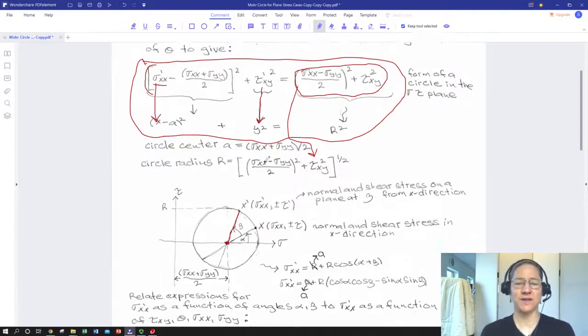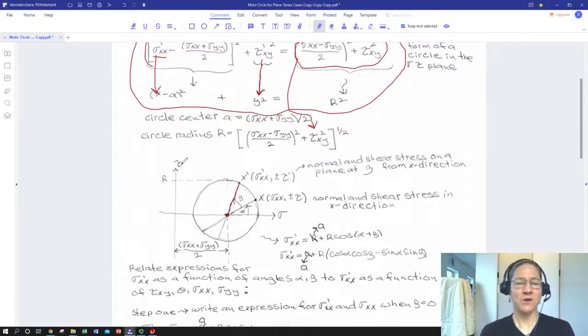That's what our circle is actually plotting. So this tau here is really our tau xy prime given xy plane stress, and this is sigma xx prime at wherever. So it's any shear or normal stress.